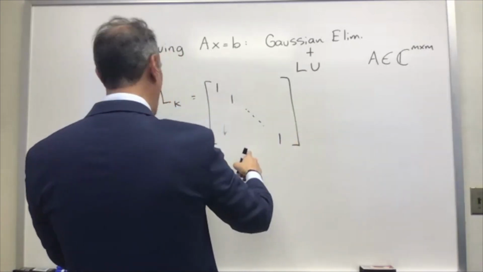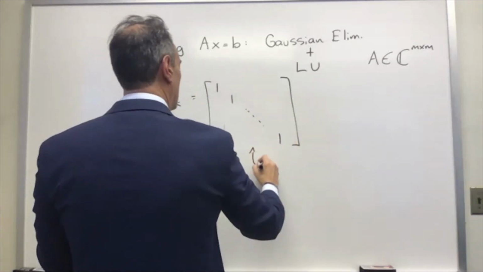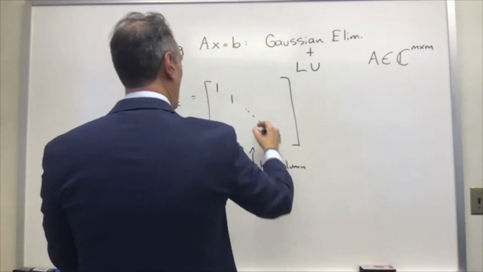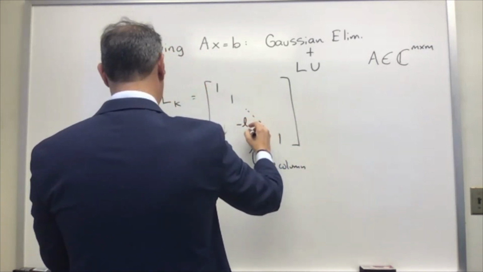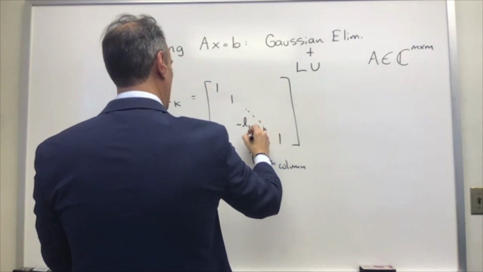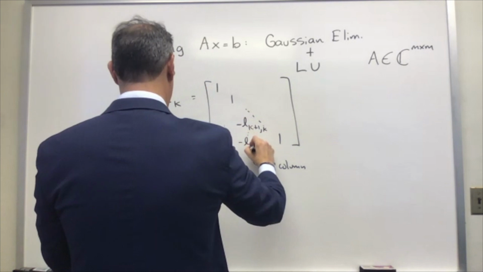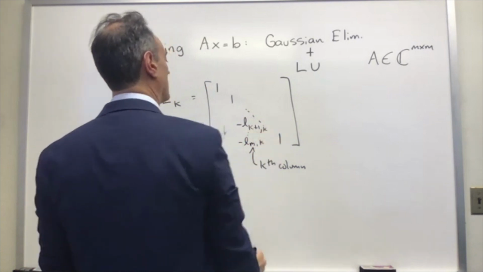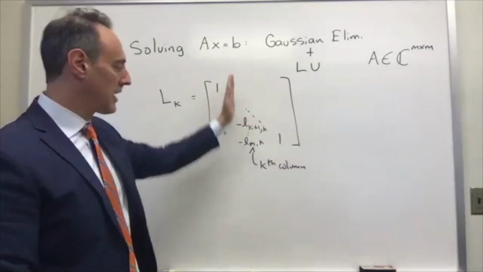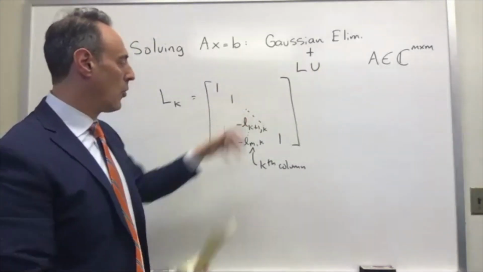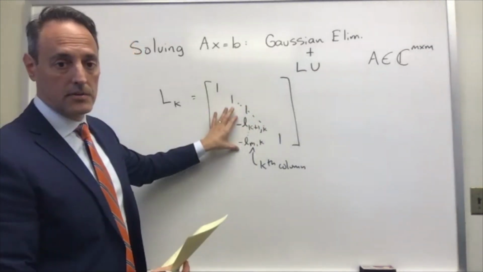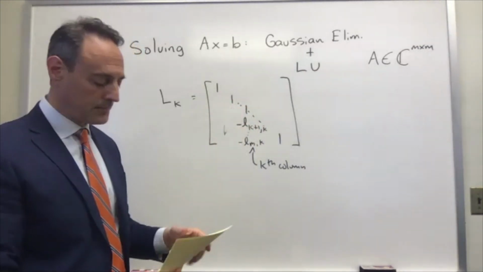And in the kth column, what I want here is minus l_{k+1,k}, all the way to minus l_{m,k}. I want some numbers here. So everywhere is 0 except for the kth column. Underneath the 1 here, there are these numbers. And what are these numbers?